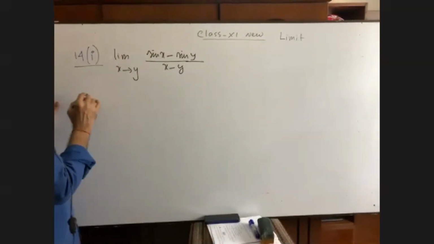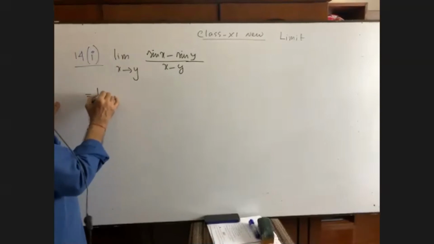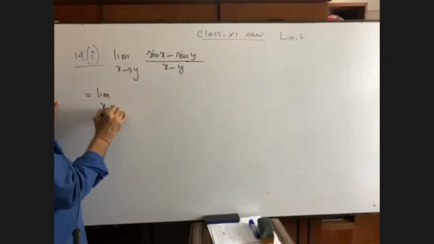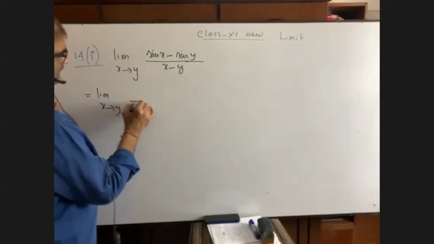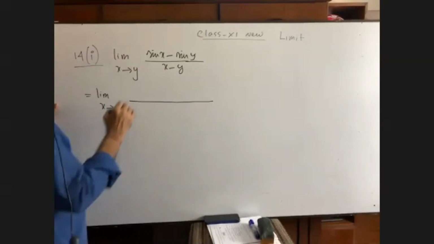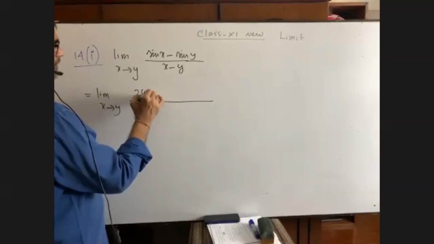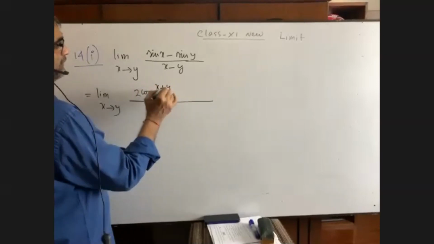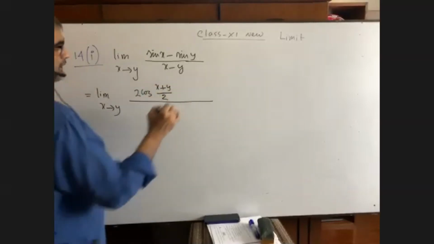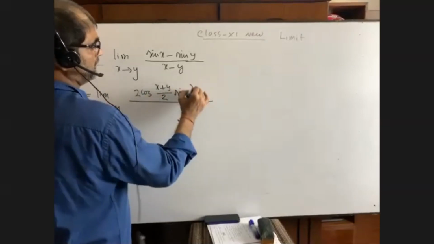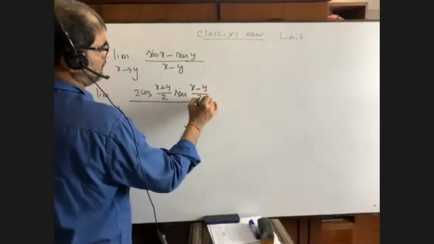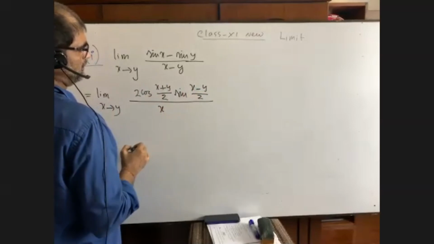Okay, let me know. Limit x tends to y, sin c minus sin d. What is the formula? 2 cosine c plus d by 2 sin c minus d by 2. Is it?